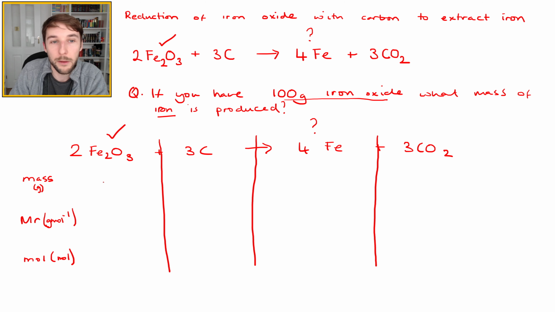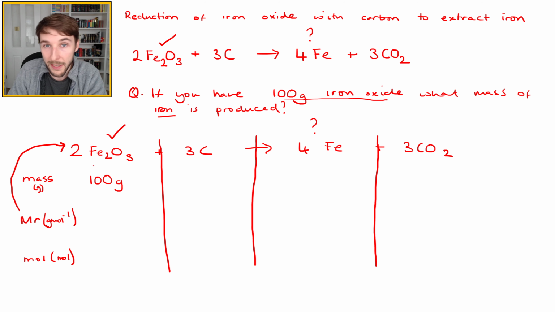We know the mass of iron oxide is 100 grams. Then what we're going to have to do is work out its MR. Now it's very, very important that in this MR row, you never multiply the MR at all by the coefficient. You must not do that.